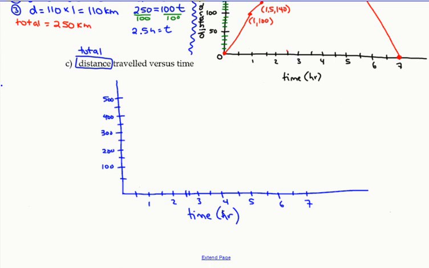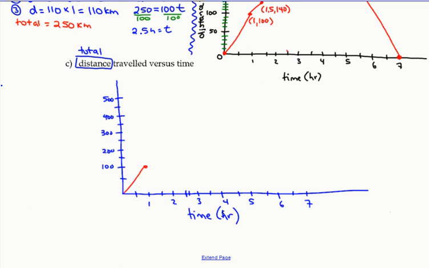So will this graph be very similar to the last one? The only part that's different is the last line, instead of going back down. Everything else is the same. For the first hour, she still travels 100 kilometers, so she goes up to 100 in 1 hour.